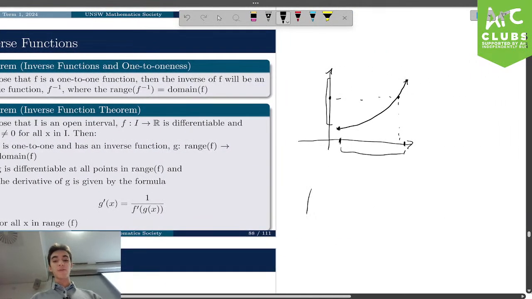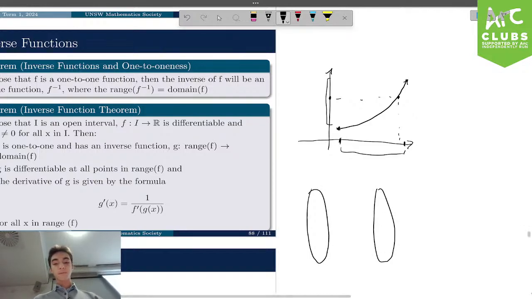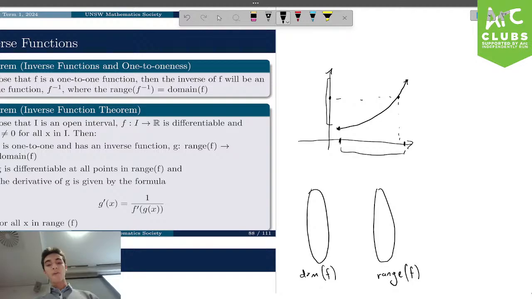Another way you can think about it, if you've seen diagrams like this before: this is the domain of f. This is the range of f. Our function f takes elements from the domain and maps them to elements in the range.